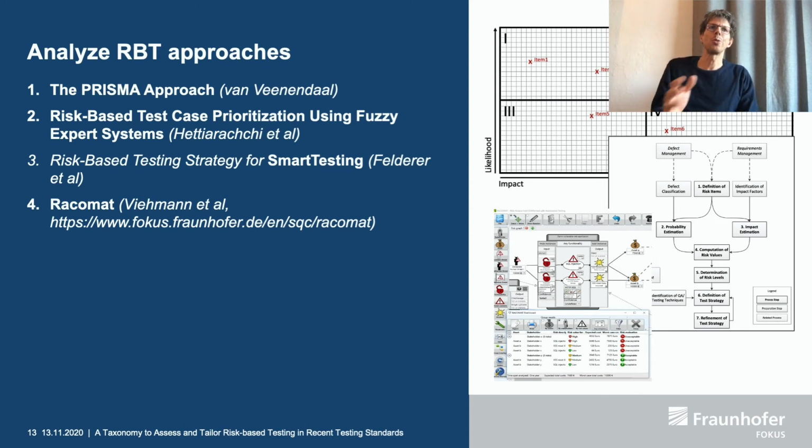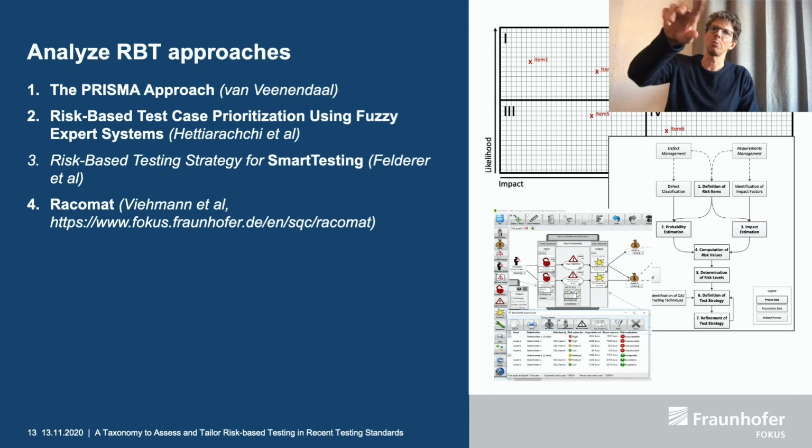So first of all, the PRISMA approach might be well known to you. This approach has been defined by van Veenendaal, and it's called Product Risk Management, PRISMA. It starts with a systematic identification of software product risks and defines different risk levels based on a risk matrix.